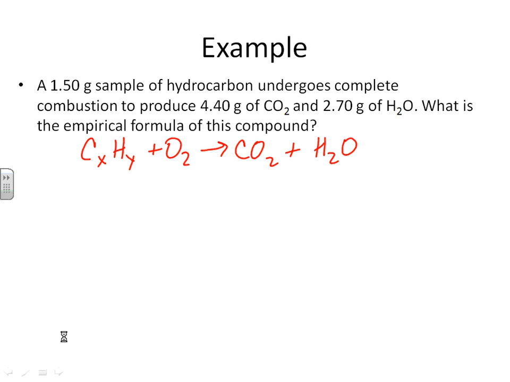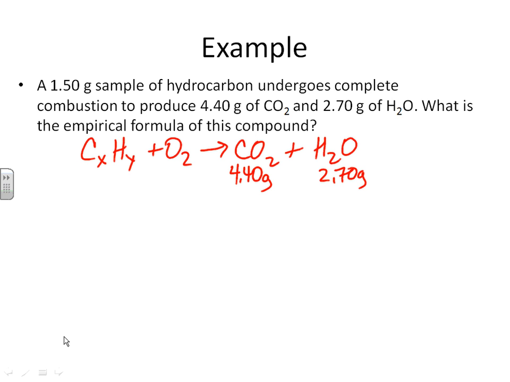That's going to be important for us because it means that we can make the assumption of going directly from the CO2 back to the C in the unknown compound. So CxHy plus O2 goes to CO2 and H2O, and we have 4.4 grams of carbon dioxide and 2.7 grams of water.